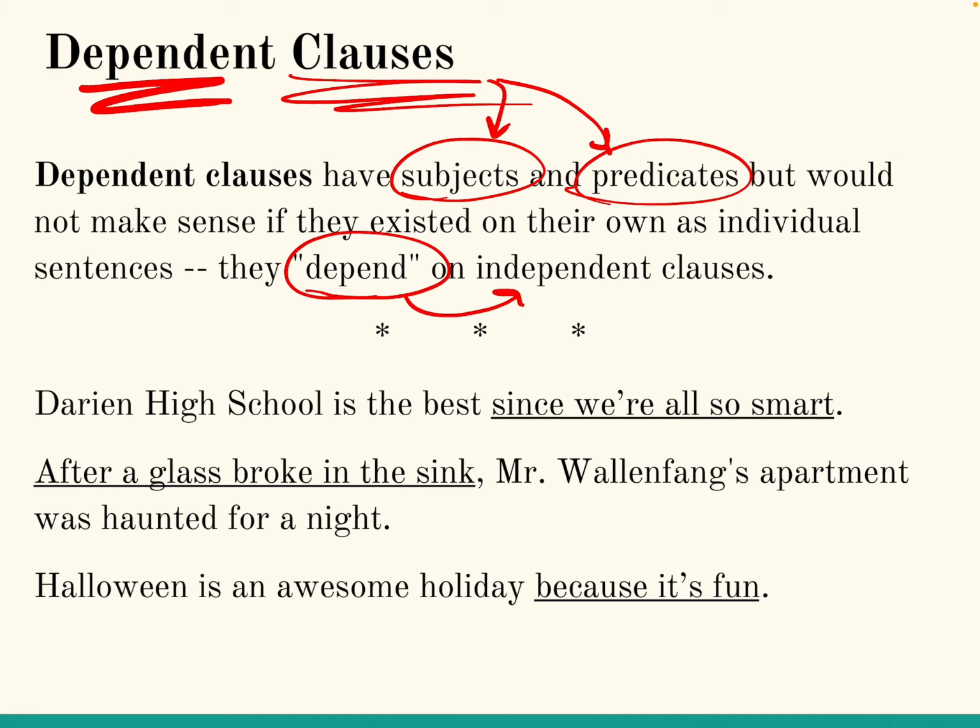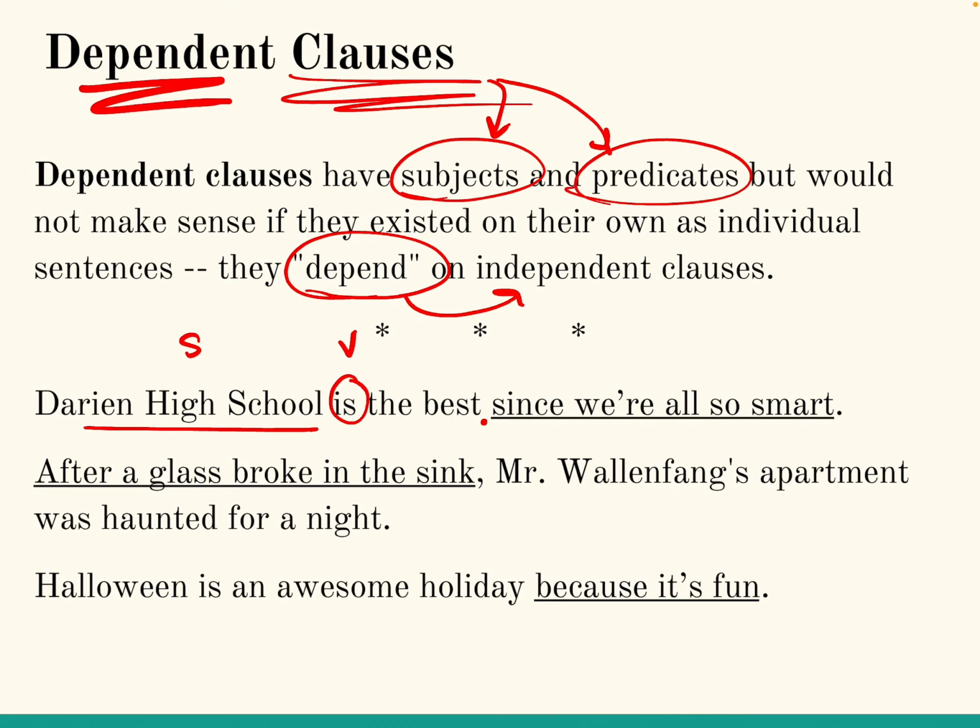So here are some examples of what this looks like. Darien High School is the best since we're all so smart. Part 1, Darien High School, subject, is, my predicate verb, the best. That's an independent clause. If I put a period there, that makes sense on its own. But I've got the second part to this, since we're all so smart.